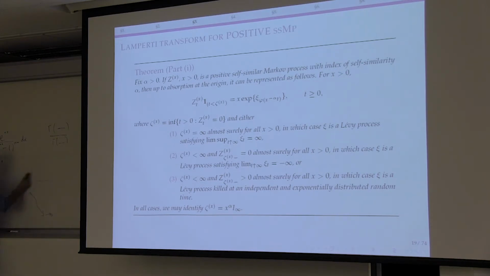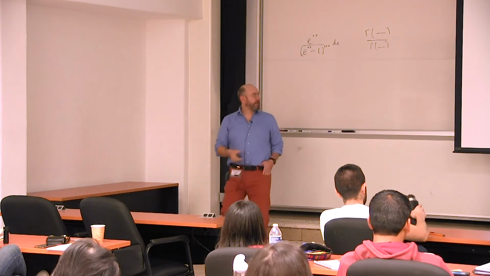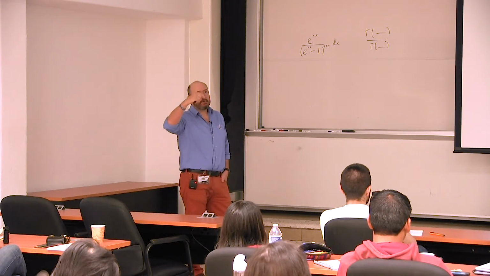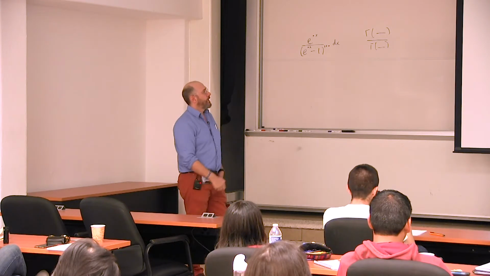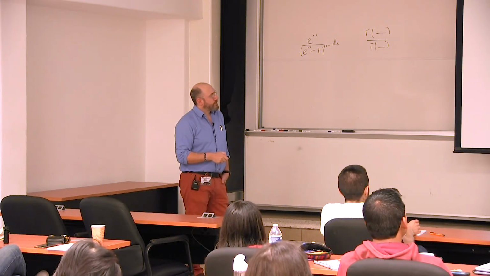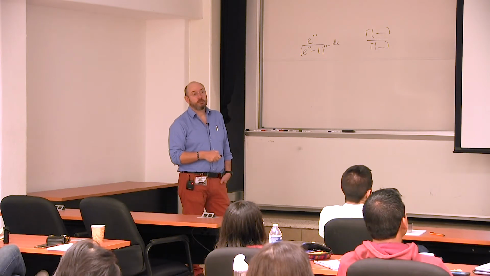So the first category is, well, you remember that all Levy processes have a trichotomy like random walks. Either they drift to infinity, they drift to minus infinity, or they oscillate. Okay, so one category is where there's no killing on the Levy process and it lim-sups to infinity.